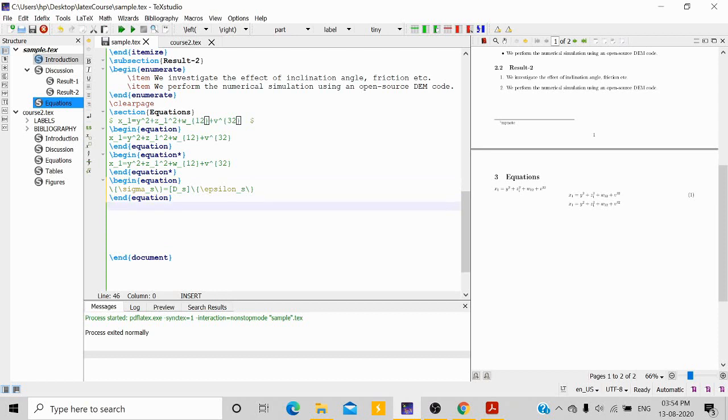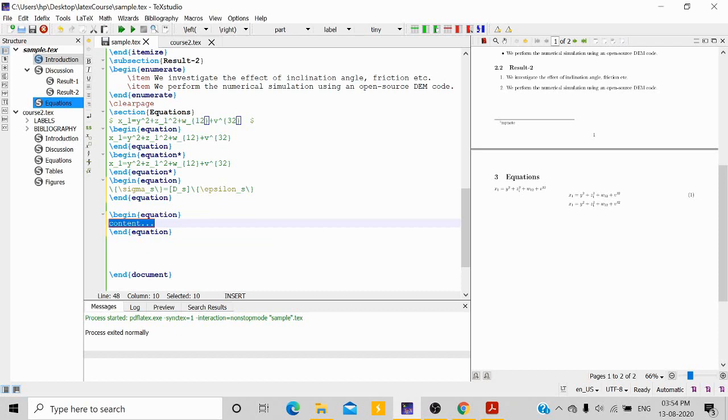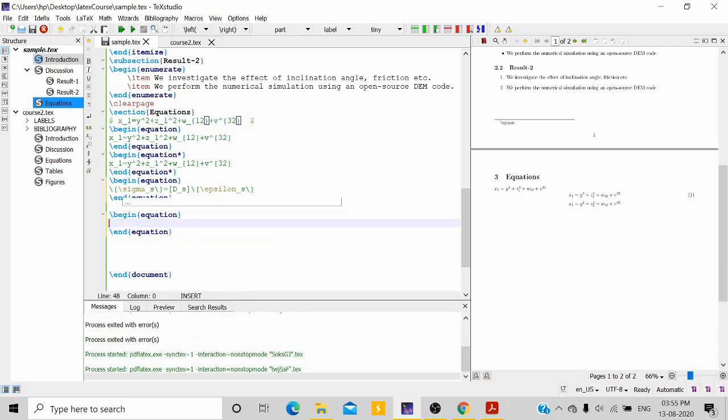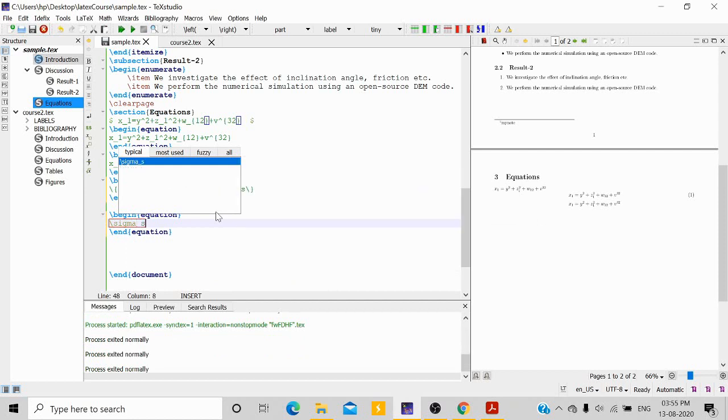Let me explain here: begin equation. I'm deleting this and I'm going to put sigma s. You have to write backslash sigma for the symbol, and if you want to put the subscript s, you can put s, that is sigma s.